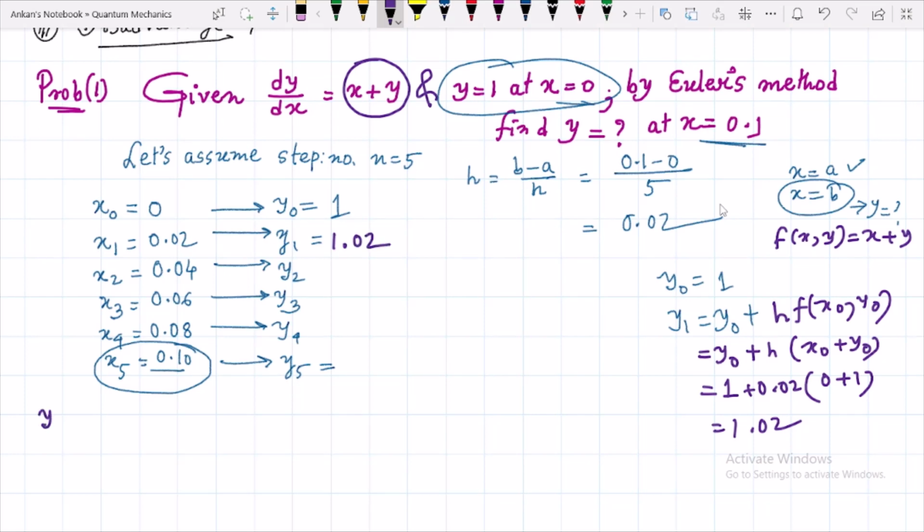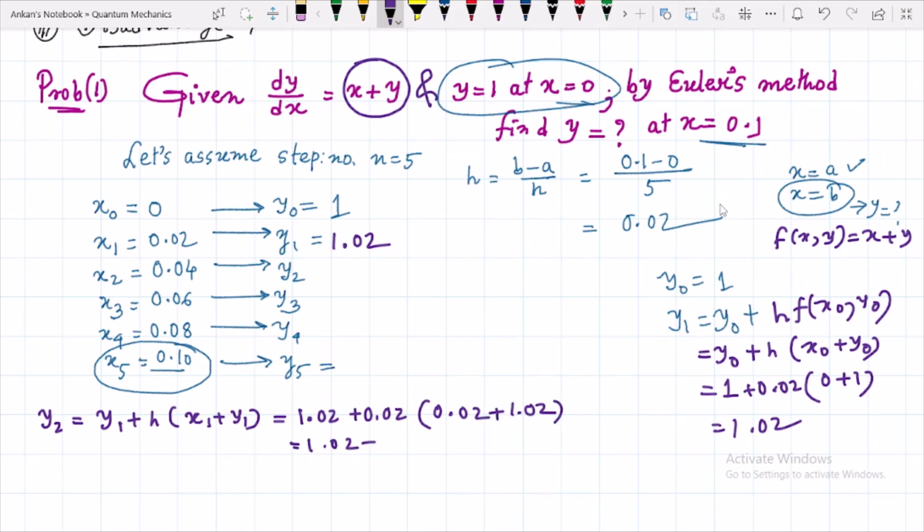Similarly, you can calculate y2: y1 plus h into x1 plus y1, means 1.02 plus 0.02 into x1, 0.02, plus y1, 1.02. So 1.02 plus 0.02 into 1.04.